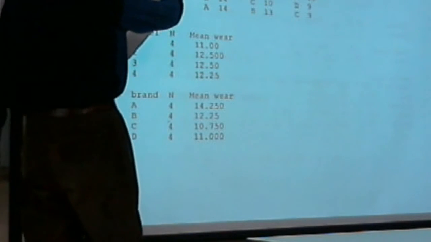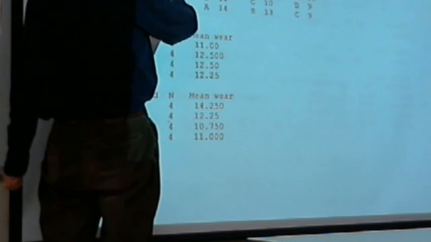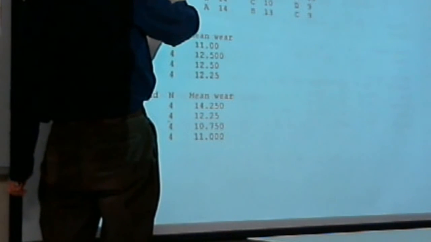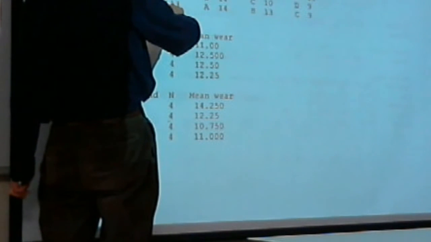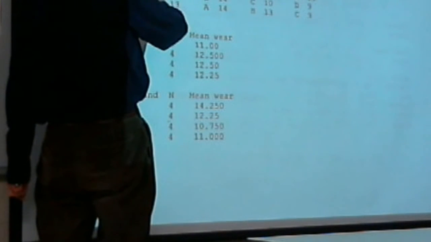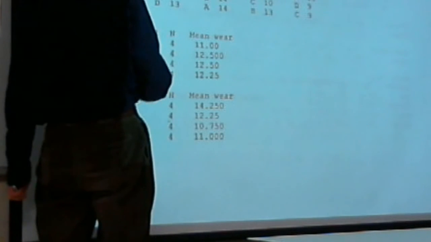So car 1 gets all 4 brands of tires. Which wheel gets which brand of tire is according to this Latin square pattern. C goes on that wheel, B goes on that wheel, A goes on that wheel, D goes on that wheel.